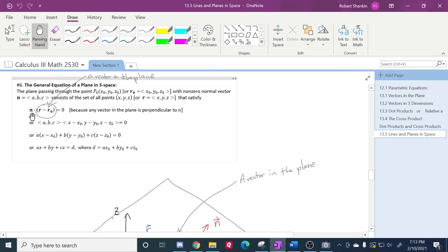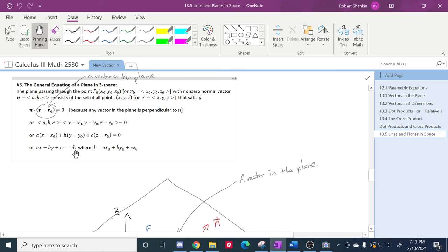Now then, if you replace n with a, b, c, replace r minus r0 with x, y, z and x0, y0, z0, you get this dot product is 0. But when you dot product, you take this times this, plus this times this, plus this times this, and it's got to give you 0.